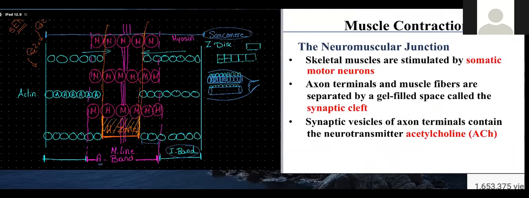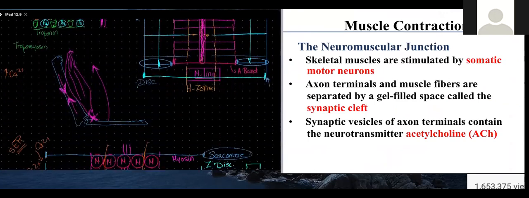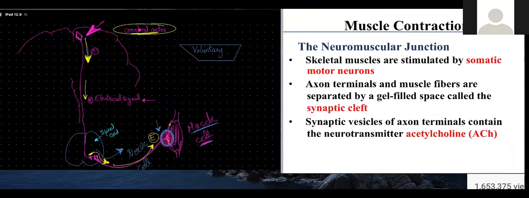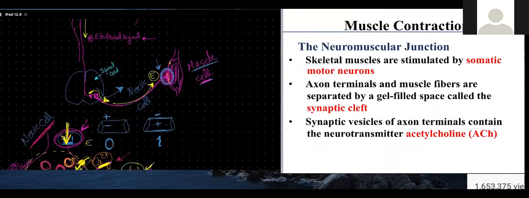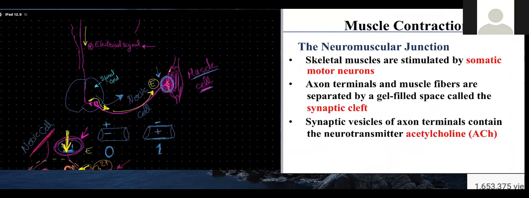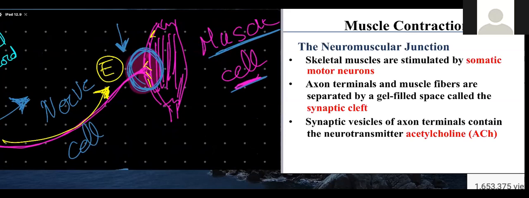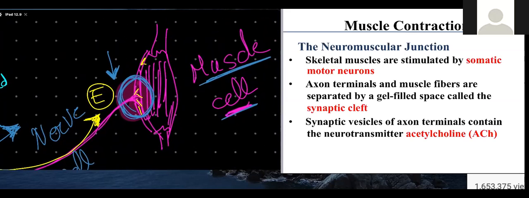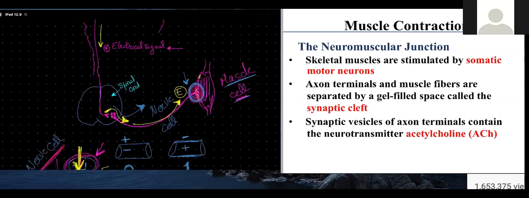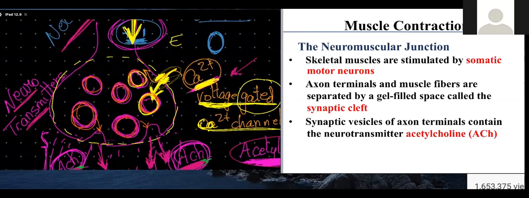All right, so how again does muscle contraction take place? It all started by having a signal coming down from the brain, an electrical signal that travels along two neurons, two nerve cells. And then it will reach the junction between the nerve cell and the muscle cell. At the junction between the nerve cell and the muscle cell, the electrical signal can allow you to open the voltage-gated calcium channel.